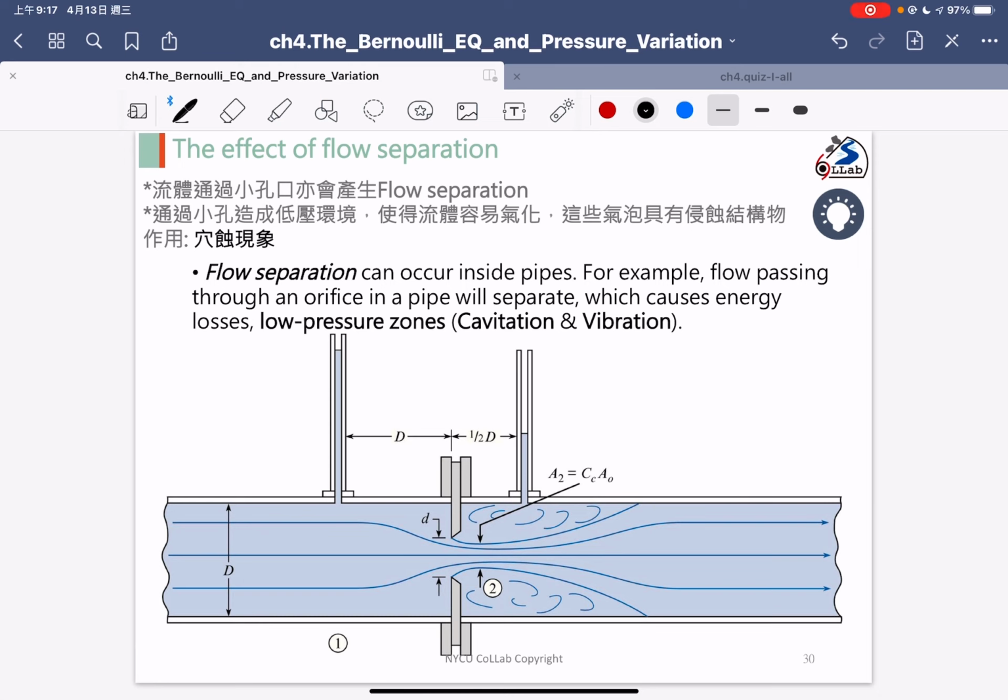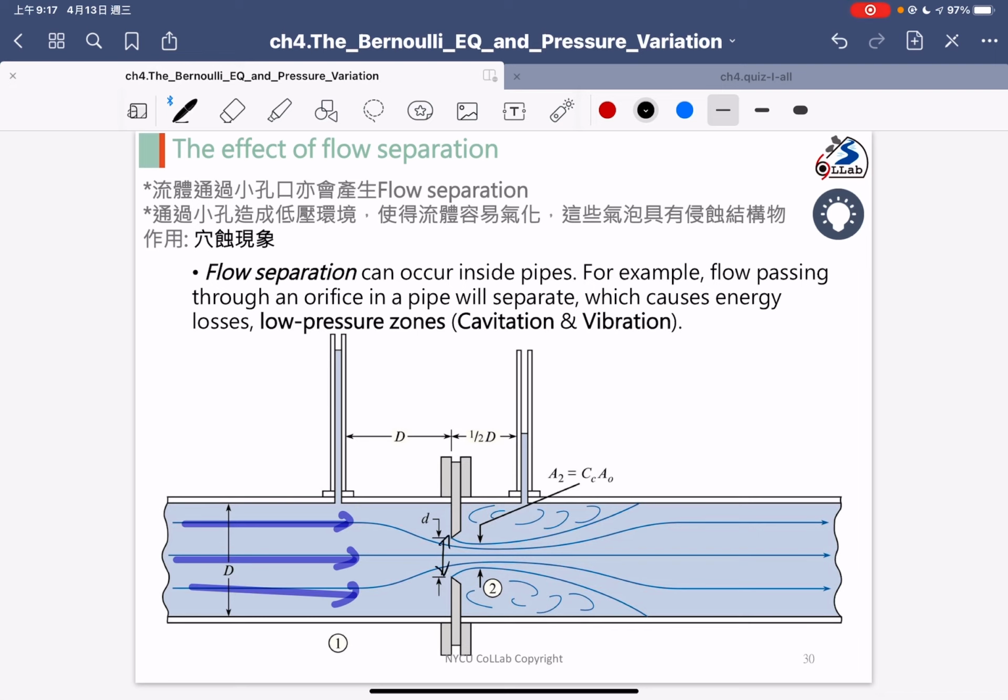And this is another case. As you can see, this is a streamline again, and the streamline will pass through the small hole in here.